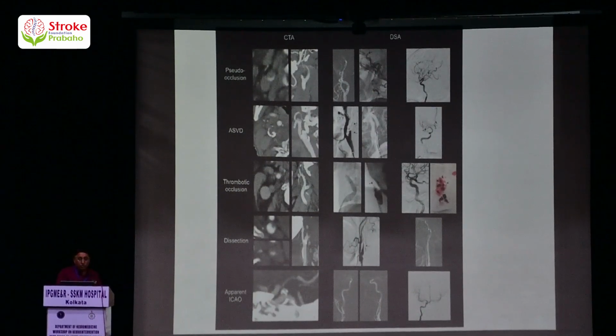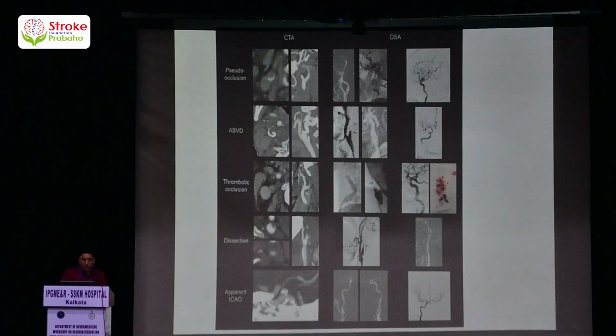Then we can have atherosclerotic disease, and you can have a complete occlusion like this. You can see the calcification here on the CT angio, which indicates the possibility of atherosclerotic disease. In the DSA, you can find a blunt occlusion here, so most likely it is atherosclerotic disease. Then you may have a thrombotic occlusion.